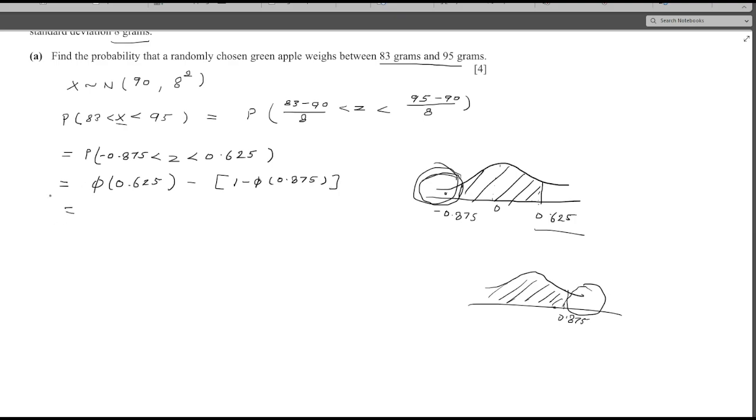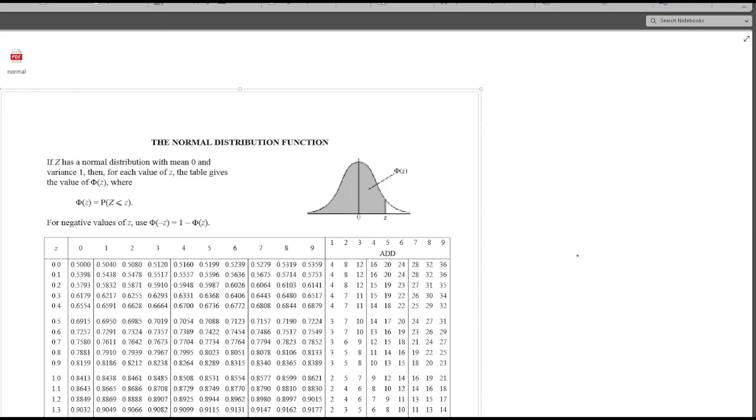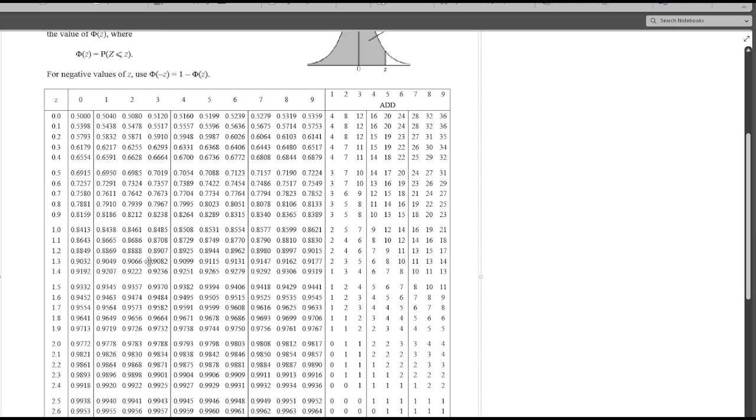Now phi of 0.625. Let us see here, 0.62 and 5 in the mean difference, which is 16. So 24 plus 16 is 40, so 0.7340.